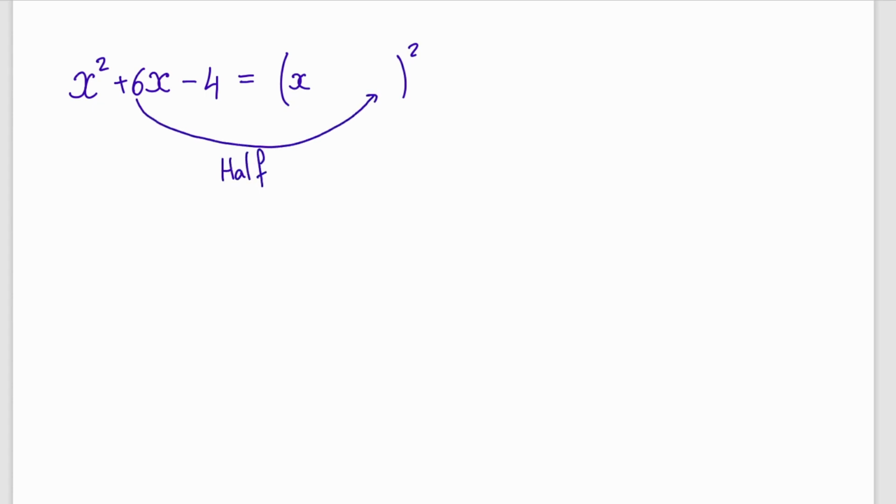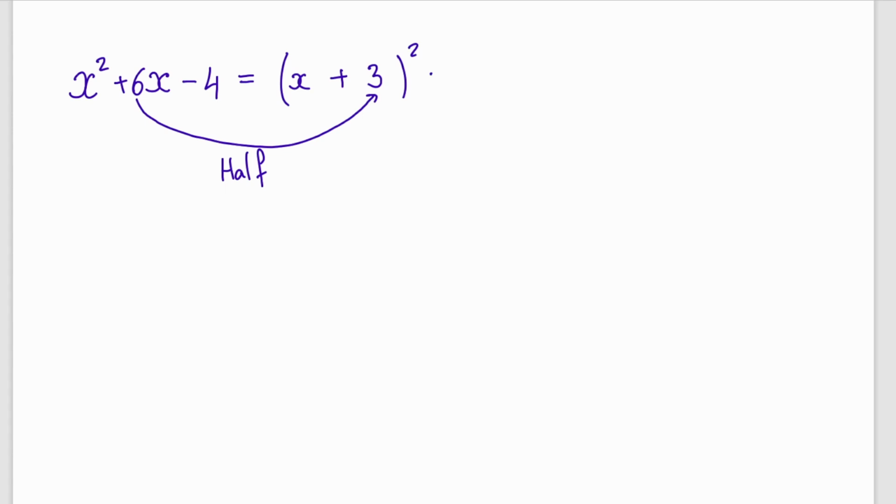Let's try to complete the square in this expression. First of all, I need the squared brackets and x inside. Now we know that the number inside the bracket should be half of the number next to x, which is 3.